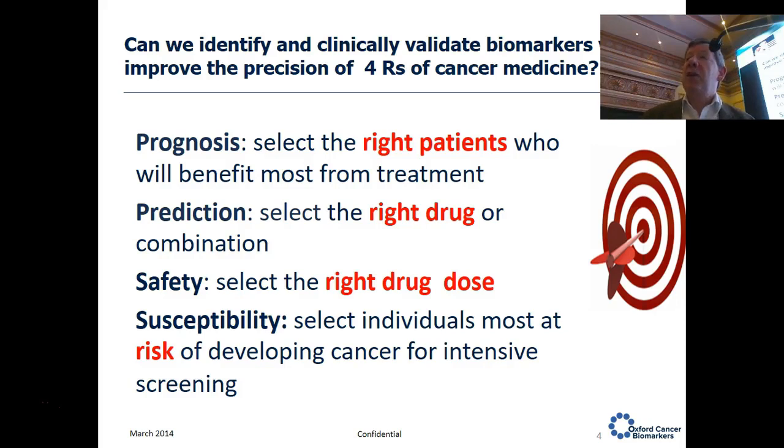And I'm very interested in susceptibility. One of the things that happens as you become an older cancer doctor, you become a public health doctor. So prevention is better than cure. And I have no doubt that we should be putting more of our effort into early detection and prevention.